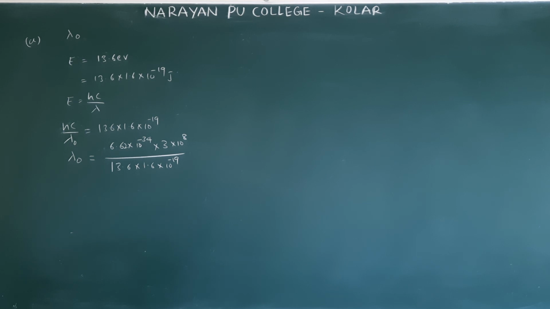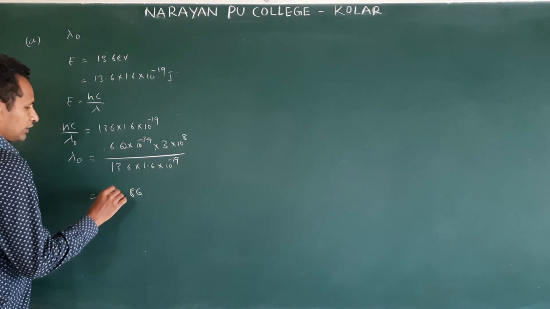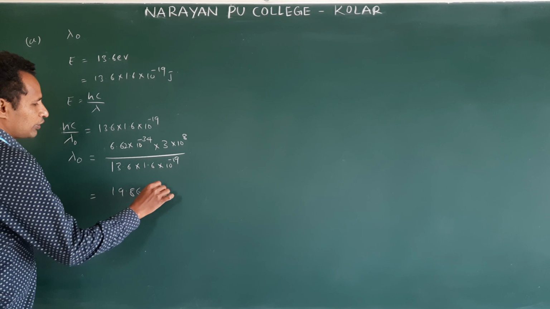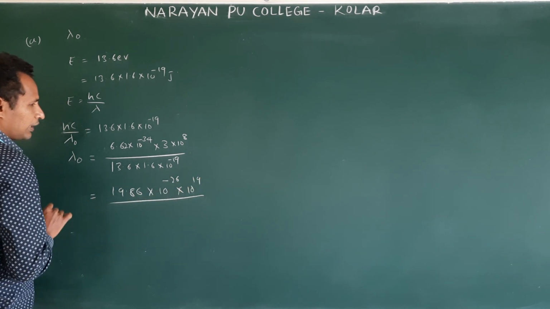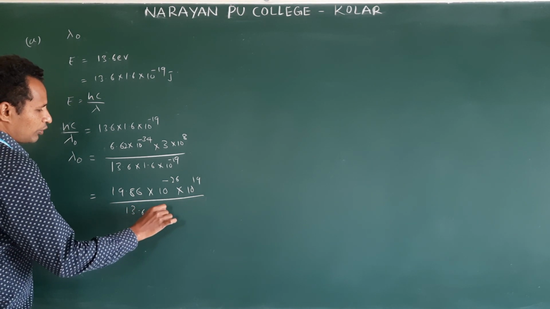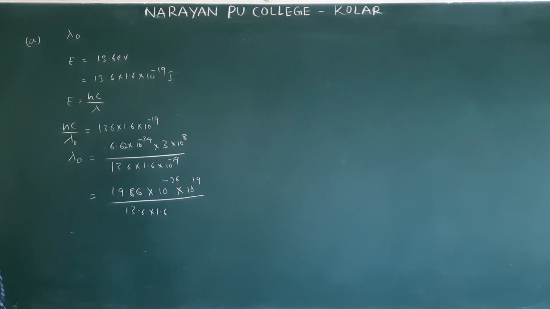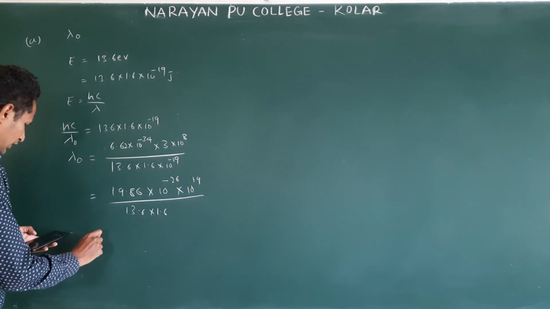Now we will do this. 6.62 into 3 is 19.86, into 10 power minus 26, into 10 power 19, by 13.6 into 1.6. 13.6 into 1.6 is 21.76.